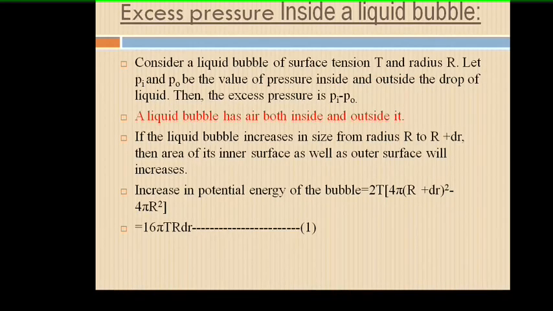Now we'll see the excess pressure inside a liquid bubble. For this, we are going to consider a liquid bubble on which the surface tension is capital T and the radius of this liquid bubble is capital R. Similarly, as in the earlier case, we have considered Pi and Po, that is the pressure inside the liquid bubble and pressure outside the liquid bubble. A liquid bubble has air both inside and outside it.